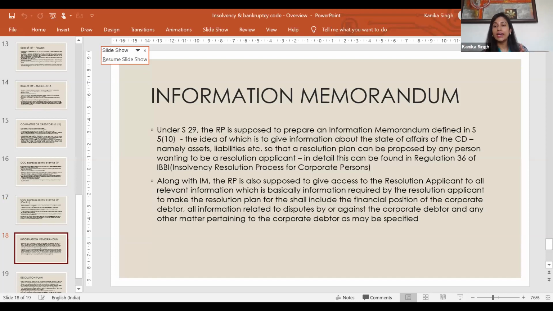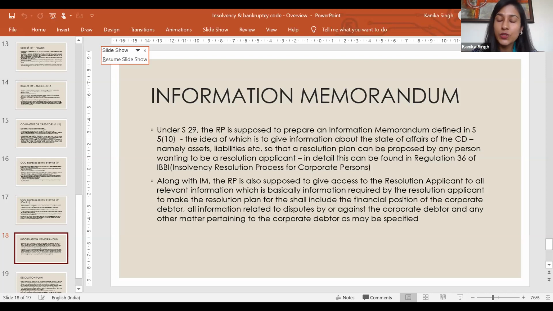And this is where outsiders will step in. You can propose a resolution plan for a company under insolvency, but you will only be able to do so if you know what the assets and liabilities of the company are. And that is why the information memorandum is prepared, so that prospective resolution plan applicants can look at this memorandum and decide whether they want to submit a resolution plan for the company or not.